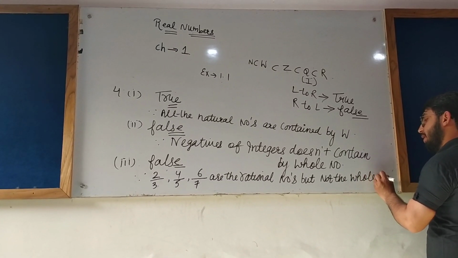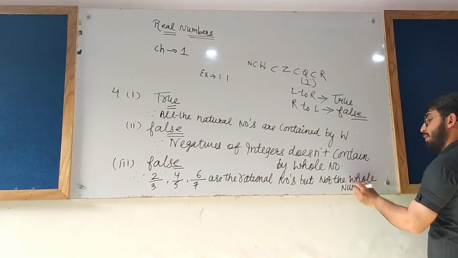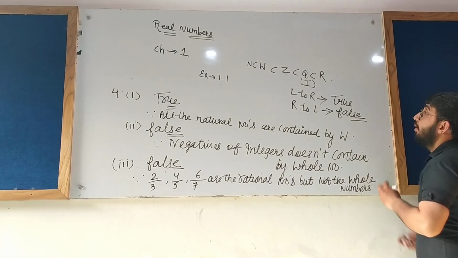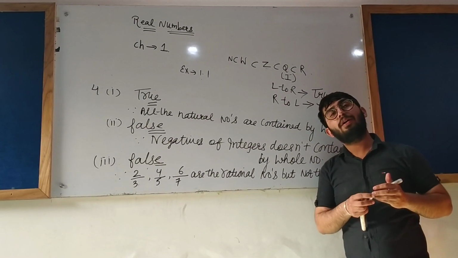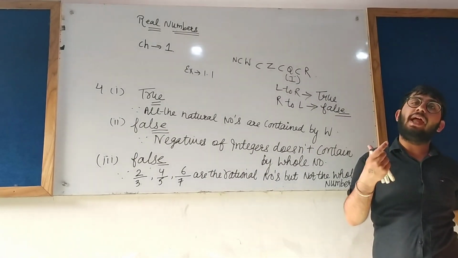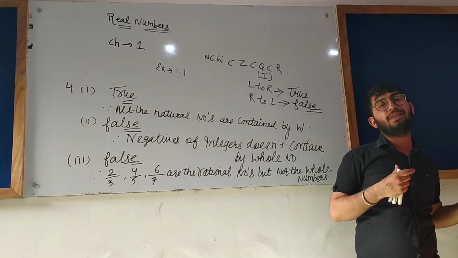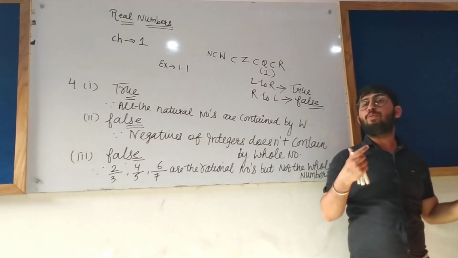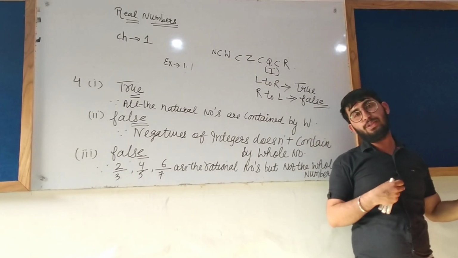All rational numbers are not whole numbers because the set of rational numbers is the bigger one and the set of whole numbers is the smaller one. Therefore, the statement is false.